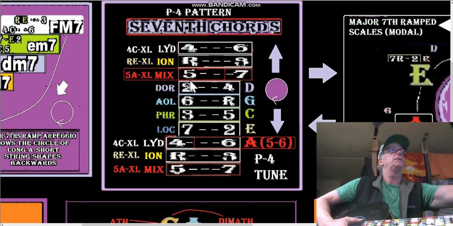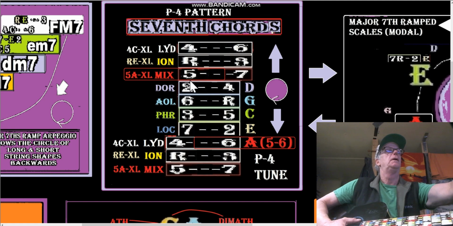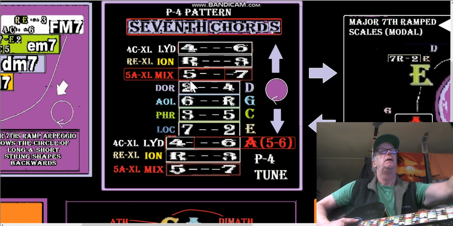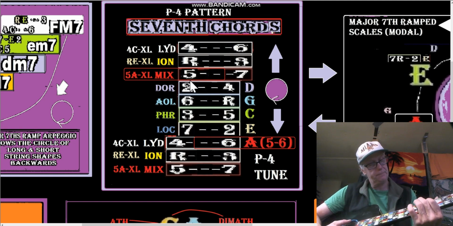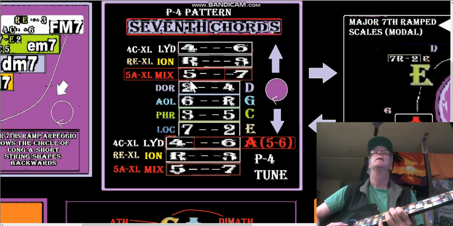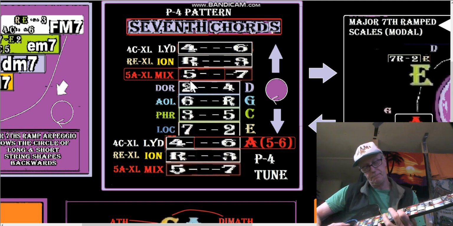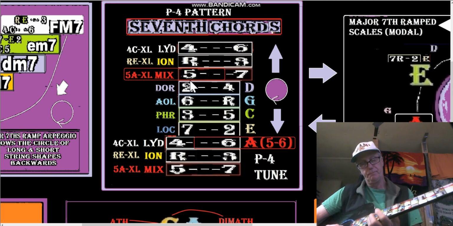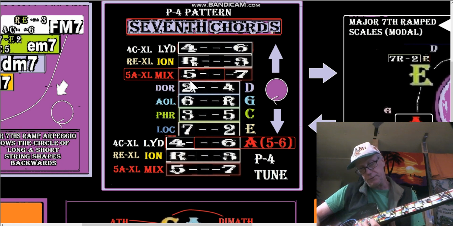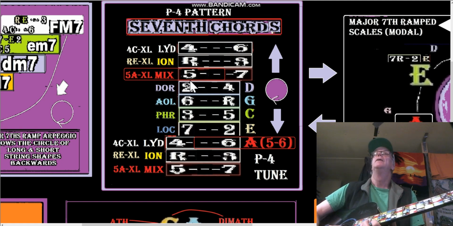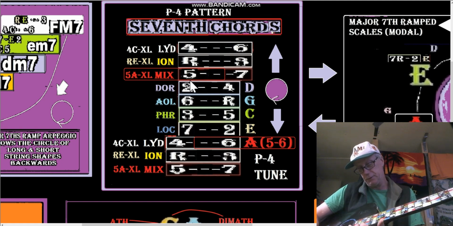Remember that F that we hit? There's our F there, that dominant seventh. If we go to 2, 4, then 6 root, 2, 4 here.